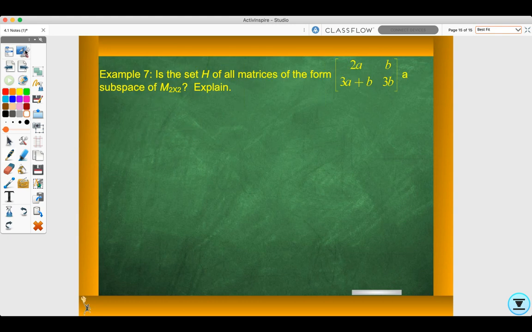Example 7. Is the set H of all matrices of the form [2a, b; 3a plus b, 3b] a subspace of M 2 by 2? Explain.